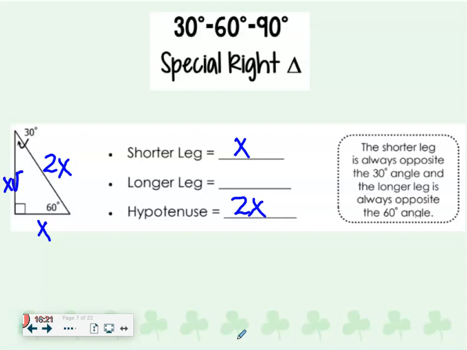X root 3. Wait, I thought it was opposite. Check, make sure we wrote it down right. Actually, the longer leg is the straight up and down one. Yeah.